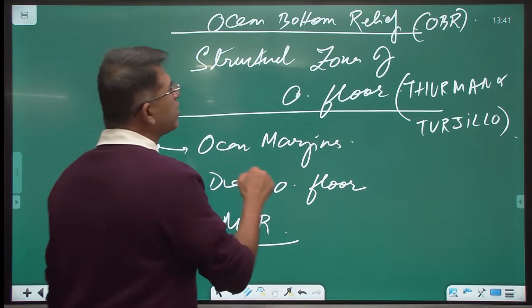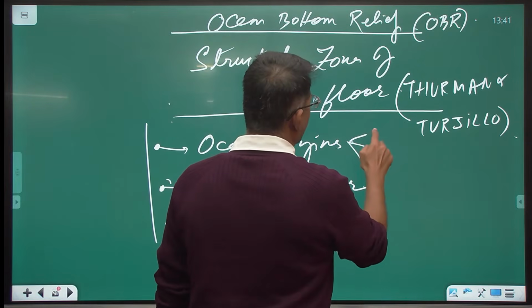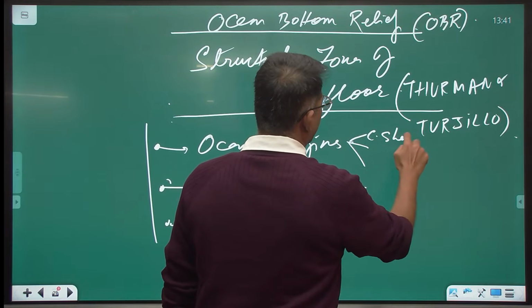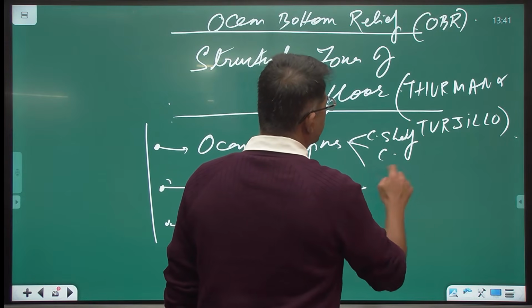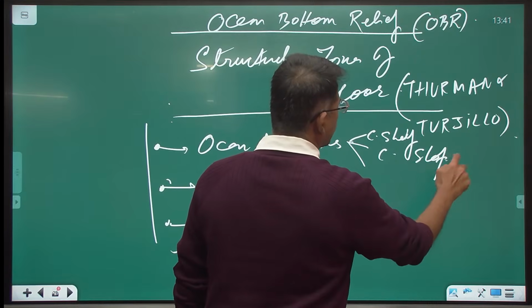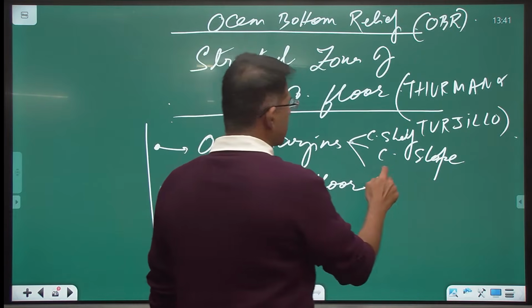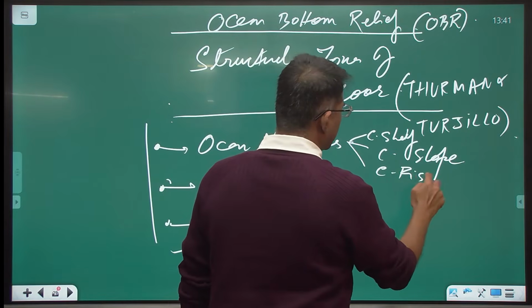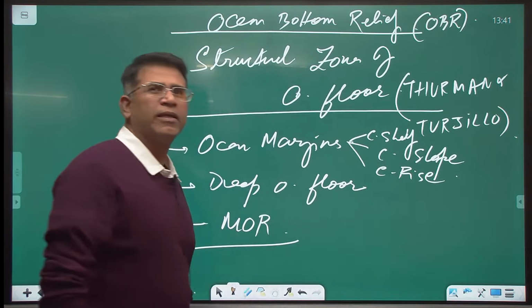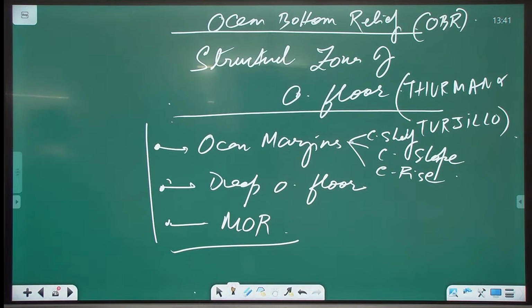Ocean margins include three things: continental shelf, continental slope, and the continental rise. The three parts of the ocean margins: continental shelf, continental slope, and the continental rise.